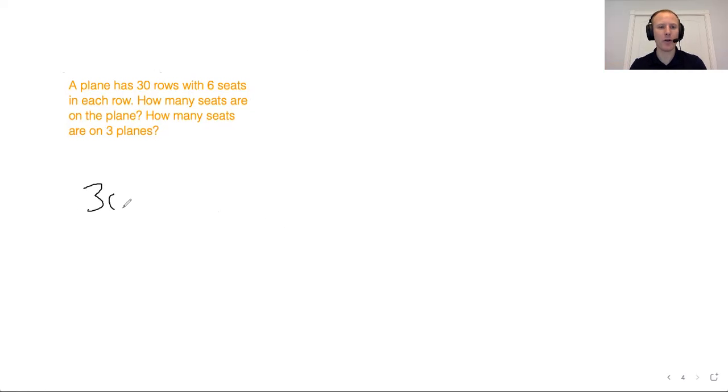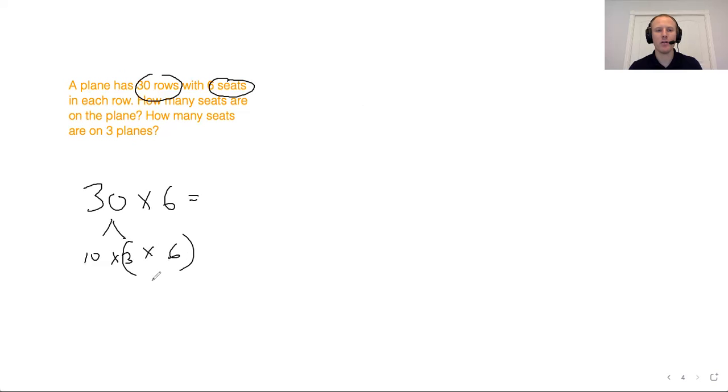So really I have 30 times 6. Right, I have 30 rows, and each one has 6 seats. So 30 times 6. Well, the way that I solve that is I'm going to use the distributive property. I'm going to turn this 30, I'm going to say that that's really like 10 times 3. Right, I had 10 times 3 there. But I'm going to take the parentheses off that, and I'm going to shift them around the 3 times the 6.